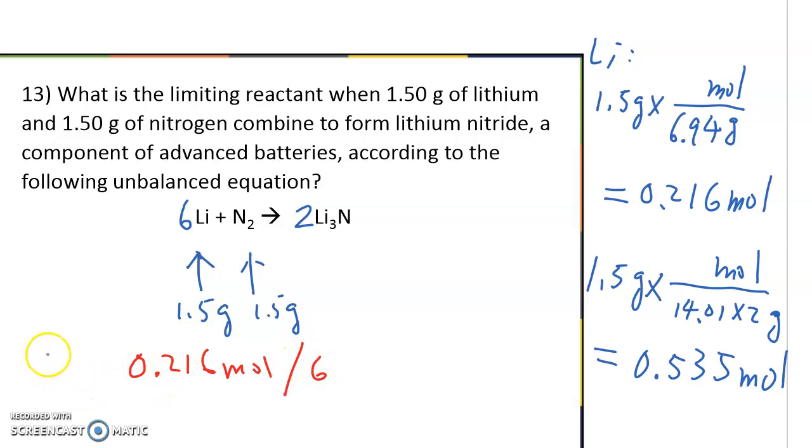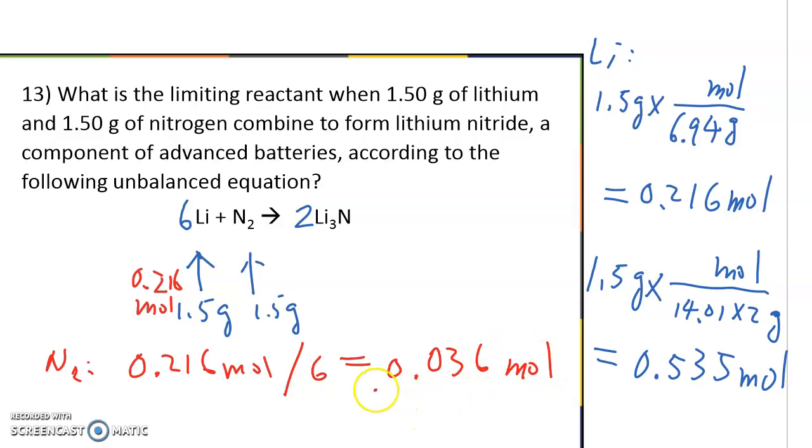So that will be the number of moles of nitrogen needed for 0.216 mole of lithium. It will be 0.216 divided by 6. I get 0.036 moles. That's what I need.